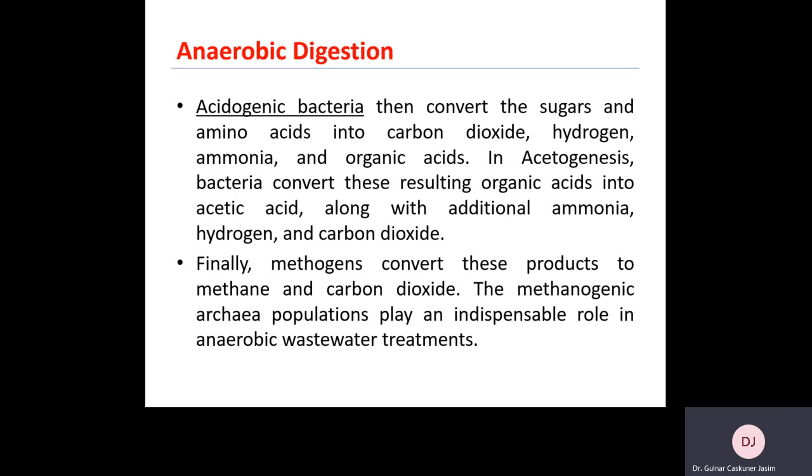This is a group of bacteria called methanogens. They convert these products to methane and carbon dioxide. Because they are producing methane, they are called methanogens. The methanogenic archaea population plays an indispensable role in anaerobic wastewater treatment plants.